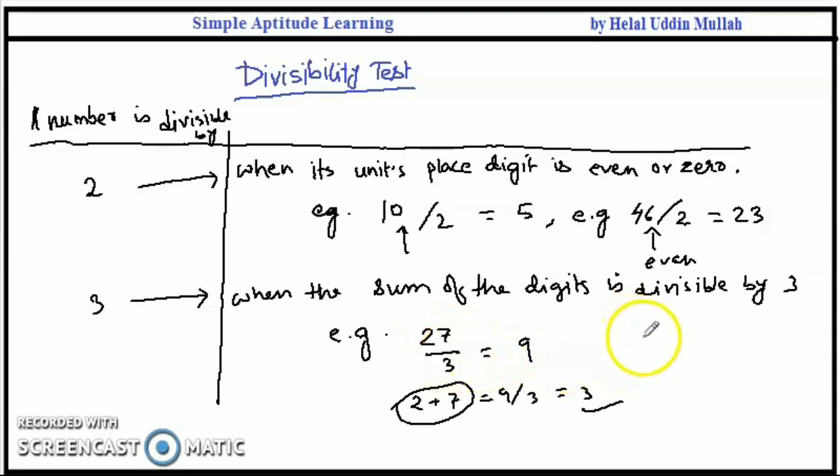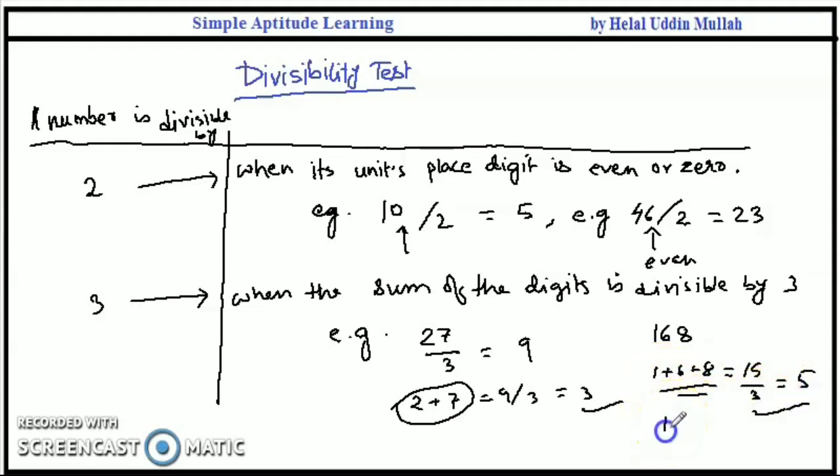Similarly, if we consider a big number like 168, we find the sum of the digits: 1 plus 6 plus 8, so it is 7 plus 8, equal to 15. If we divide 15 by 3, it is equal to 5. So the sum is divisible by 3.